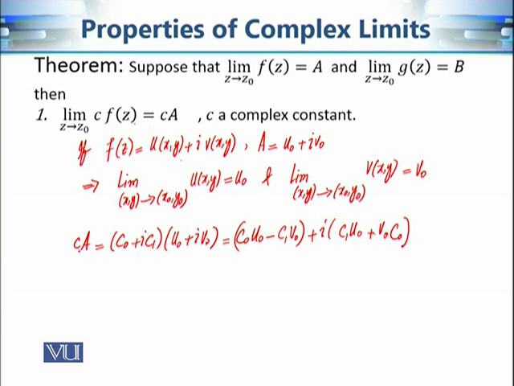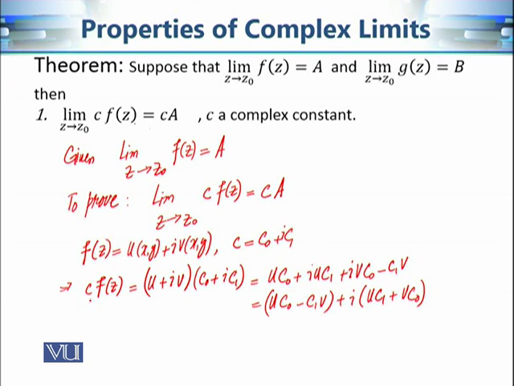Okay, so this is the number ca. Now let's go back and see, we have also calculated the value of c into f of z. So this is equal to u c0 minus c1 v plus iota times u c1 plus v c0.